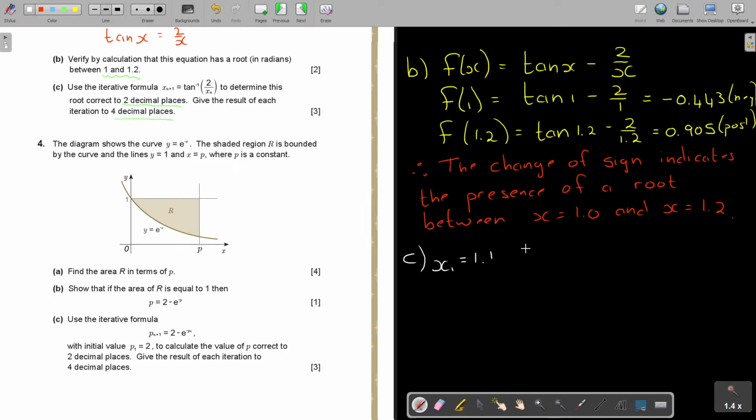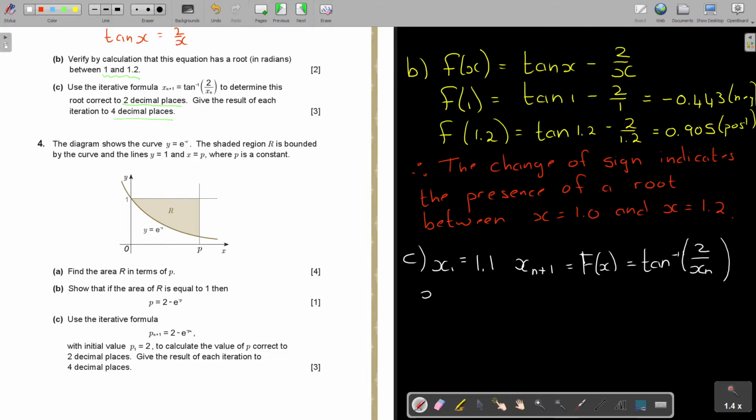Then my formula is going to be x n plus 1 is equal to, remember that's capital F of x, tan inverse, that means the angle, of 2 over xn.